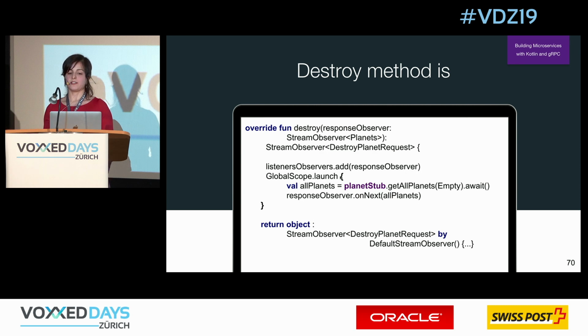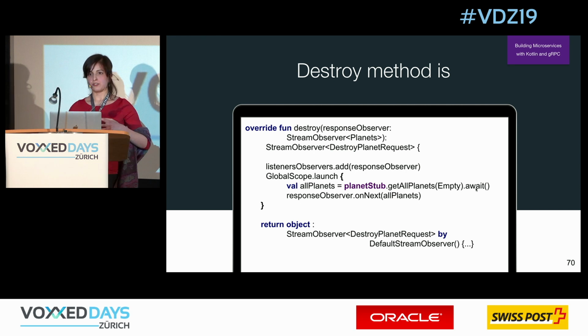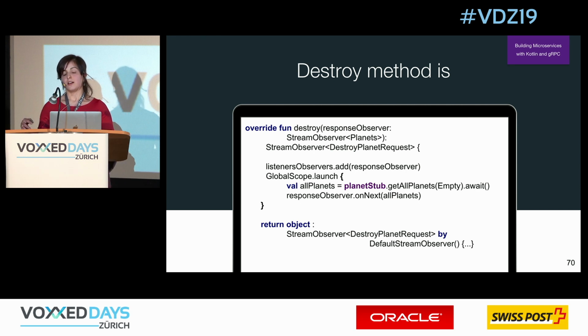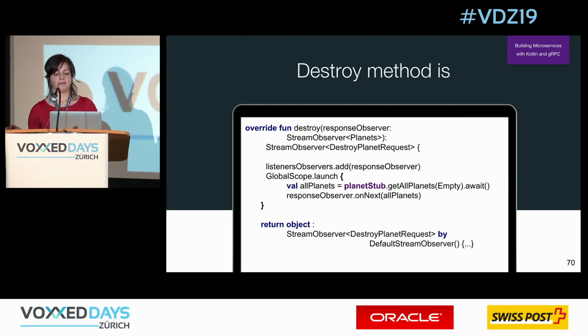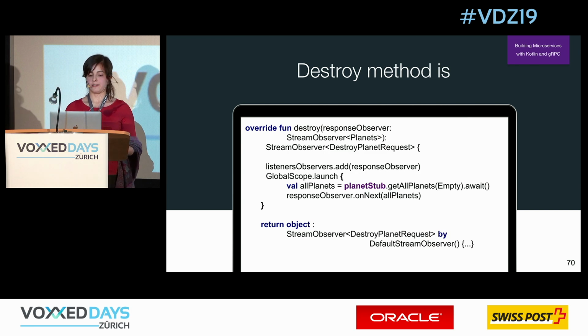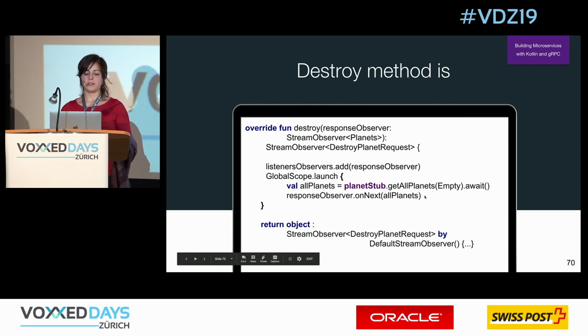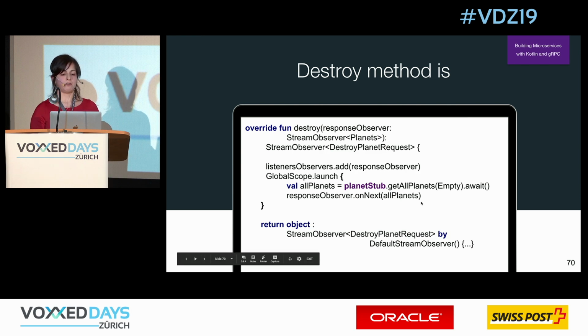And we go to Planet service, we get all planets, and you see that the await method appeared. Because when we go to another microservice, it's suspended, and we receive a future with some parameter. And in order to get that parameter, we need to call the await method. And then we notify our observer about our planets. And again, we need to return a stream observer.